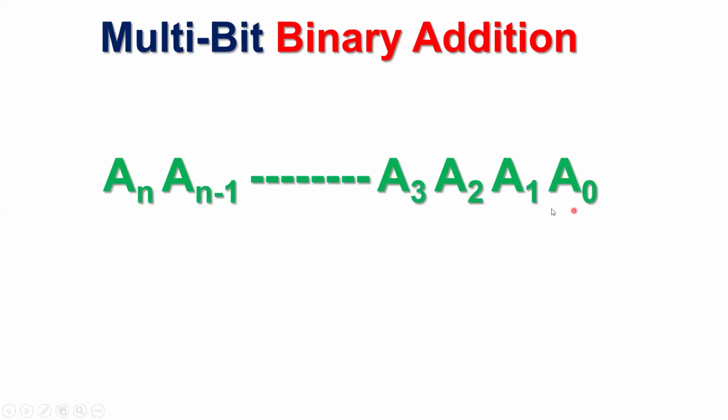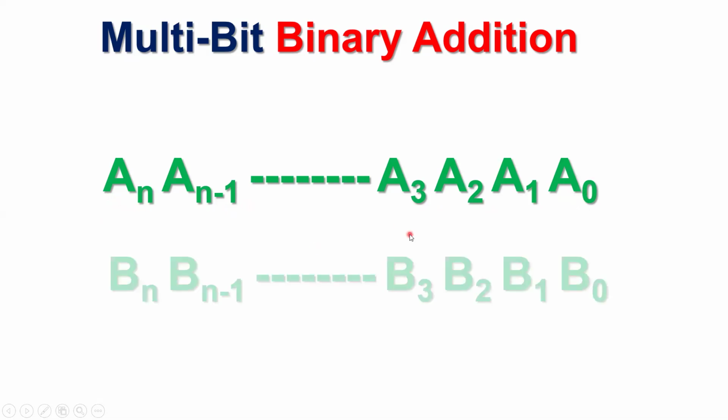So let us say this is that number A, where you see this is an n-bit number starting with the least significant bit, LSB, A0, A1, A2, A3 to the An minus 1 and finally the MSB, most significant bit, An. So this is an n-bit number.